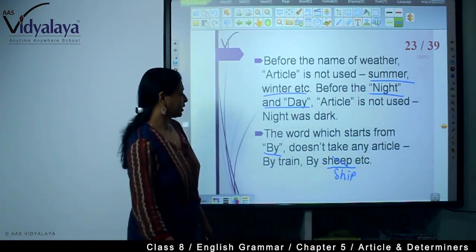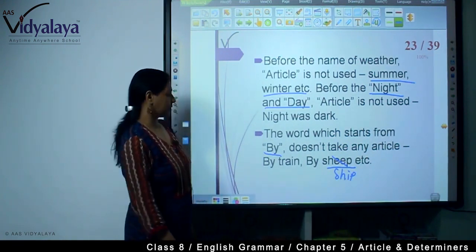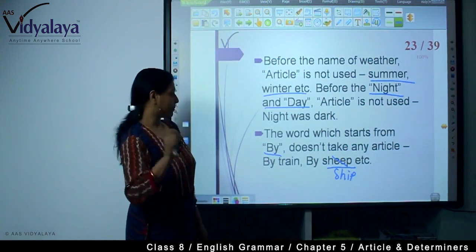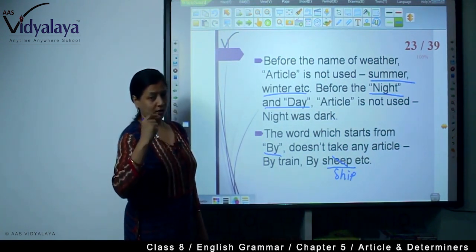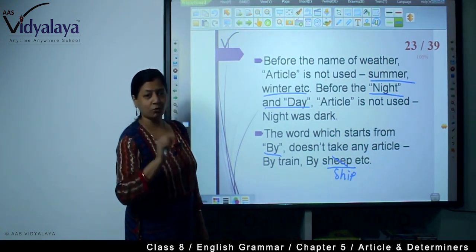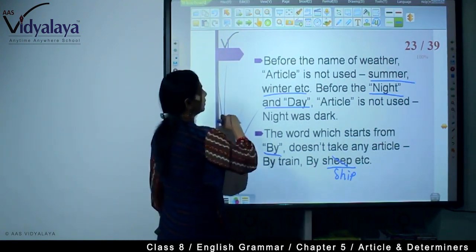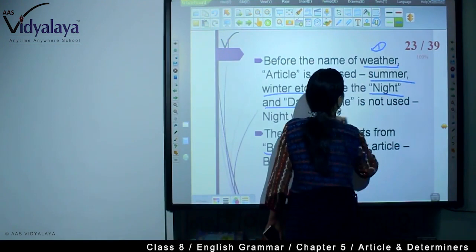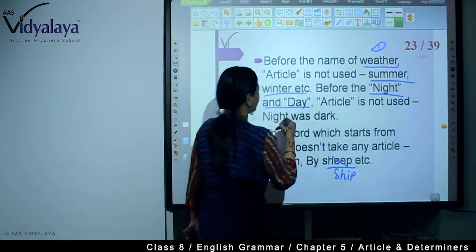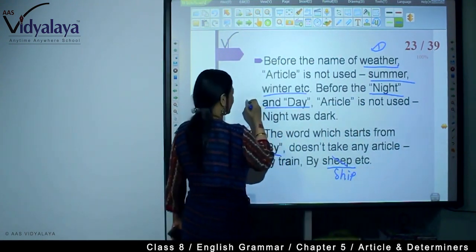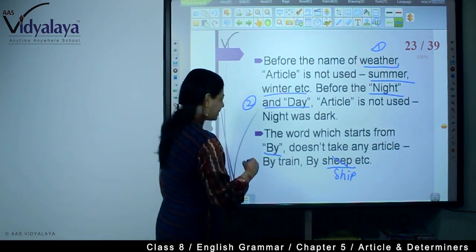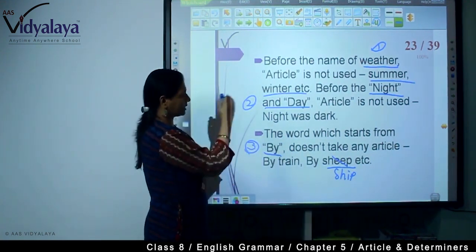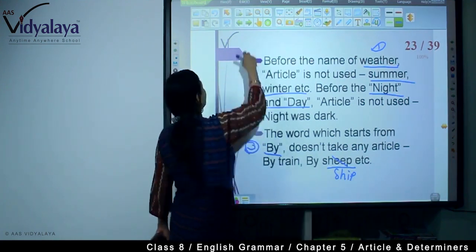We don't say by a train or by a ship. So in this slide you are seeing three more things: before the name of weather, before night and day, and the words used with by.